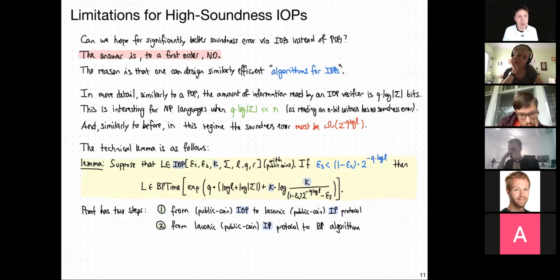So the intuition is that it doesn't make sense, or one can prove that it's not very helpful, to have Q much less than K in this high soundness regime. That's roughly the intuition, but it requires some observations beyond what we've seen so far.